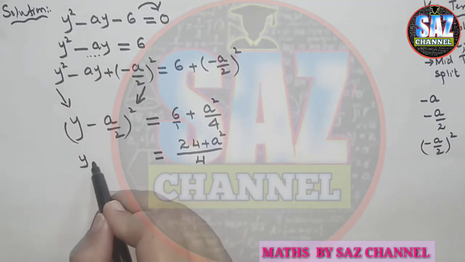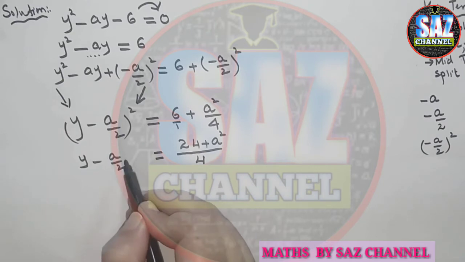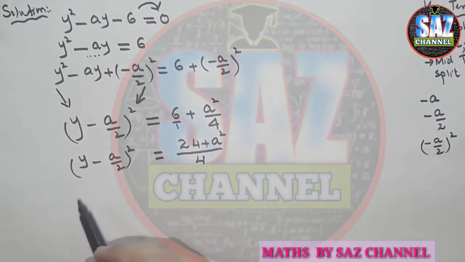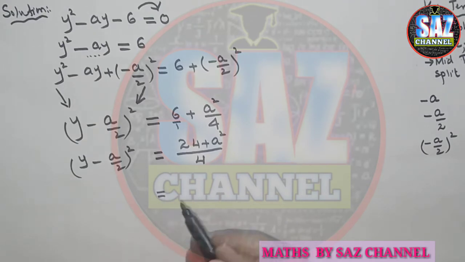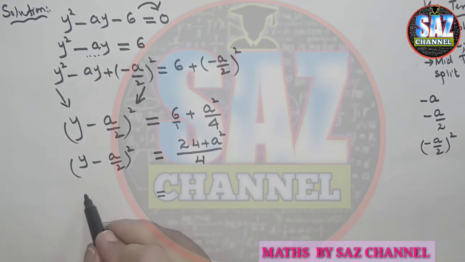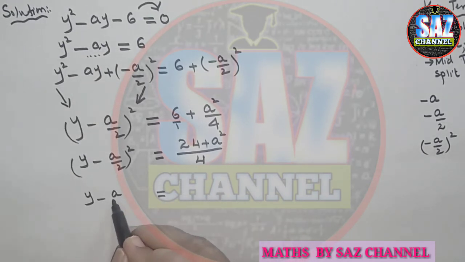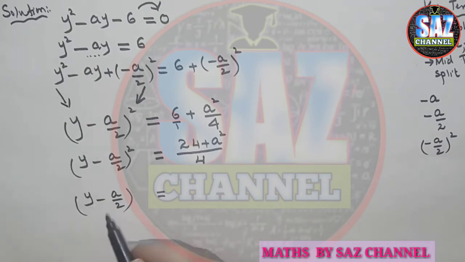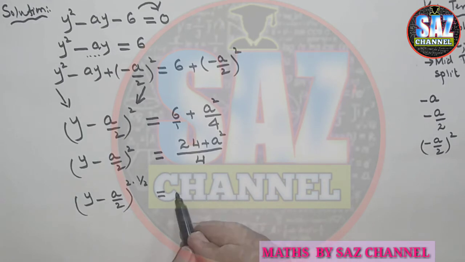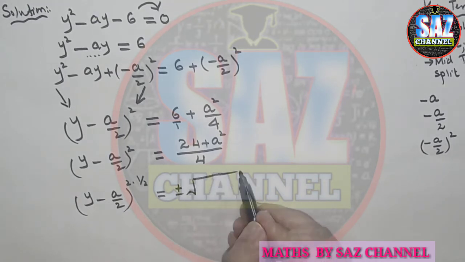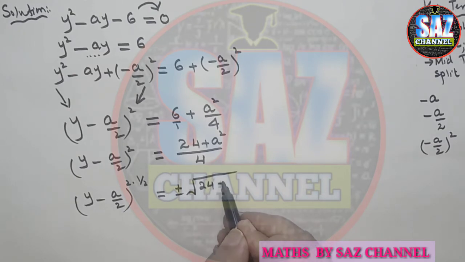Now in order to get the root or solution, I have to take the square root on both sides. On the left hand side, y minus a by 2, I have to remove this square by taking the square root, and on the other side the expression will become root of 24 plus a square by 4.